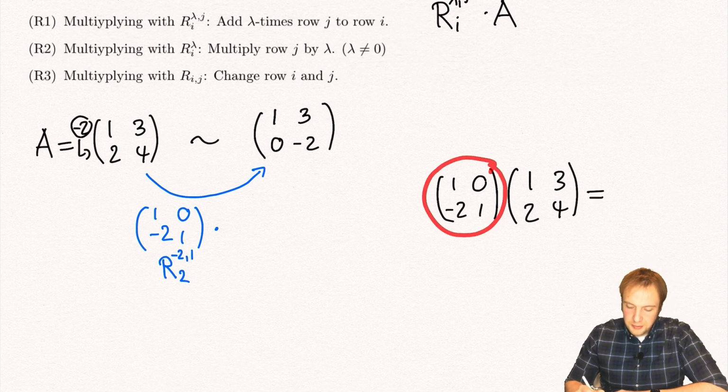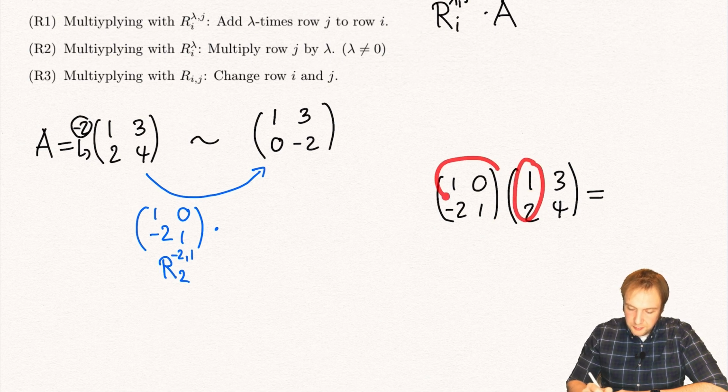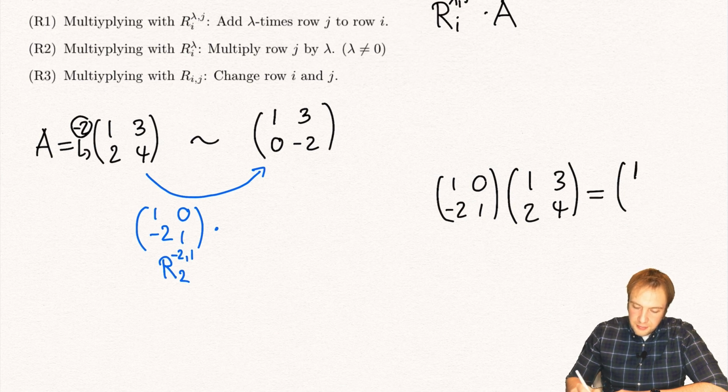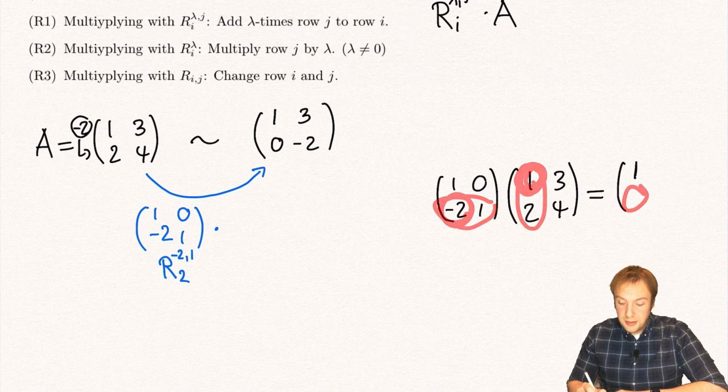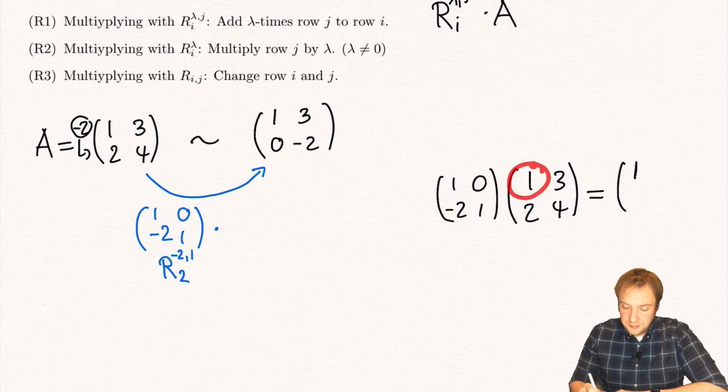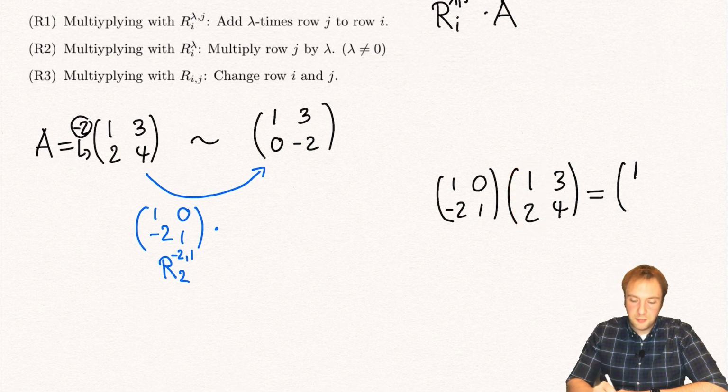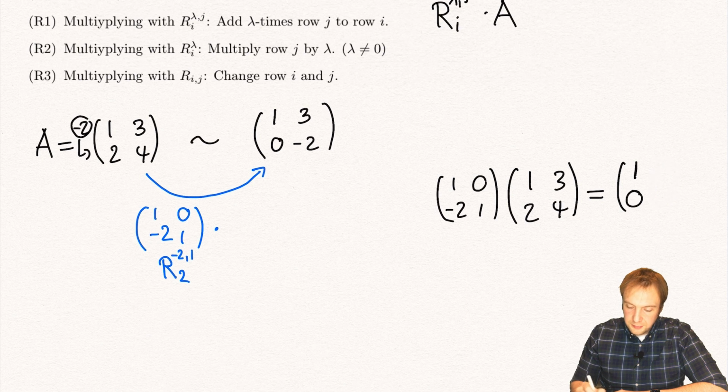If I multiply this, it doesn't change the first entry. But the second entry is given by taking the first row times minus 2 and adding it to 1 times the second row. So this is exactly that I take this entry and subtract it twice from there. So this is 0.